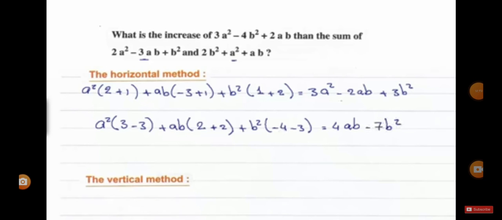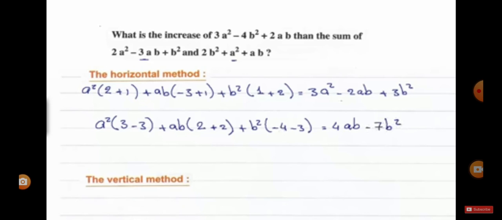Last example. What is the increase of 3a² − 4b² + 2ab over the sum of 2a² − 3ab + b² and 2b² + a² + ab? First, I have to make the sum of the second and third expression. For a², the coefficient in the second is 2, and in the third expression the coefficient of a² equals 1.